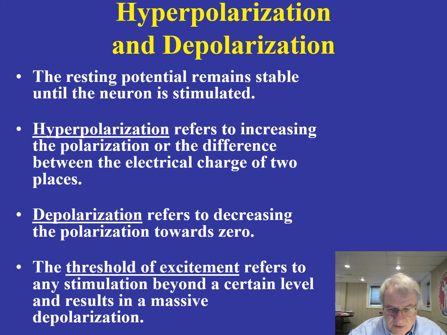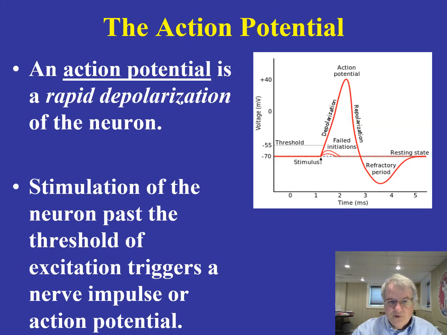So the threshold of excitation, that's when the neuron charge reaches a certain level, and the stimulation that's produced by an adjacent neuron is going to cause that charge to depolarize and ultimately to result in a firing of that neuron. So again, here's a good visual. This is an action potential, and we're getting this rapid depolarization that is occurring. Here's our threshold of minus 55 millivolts.